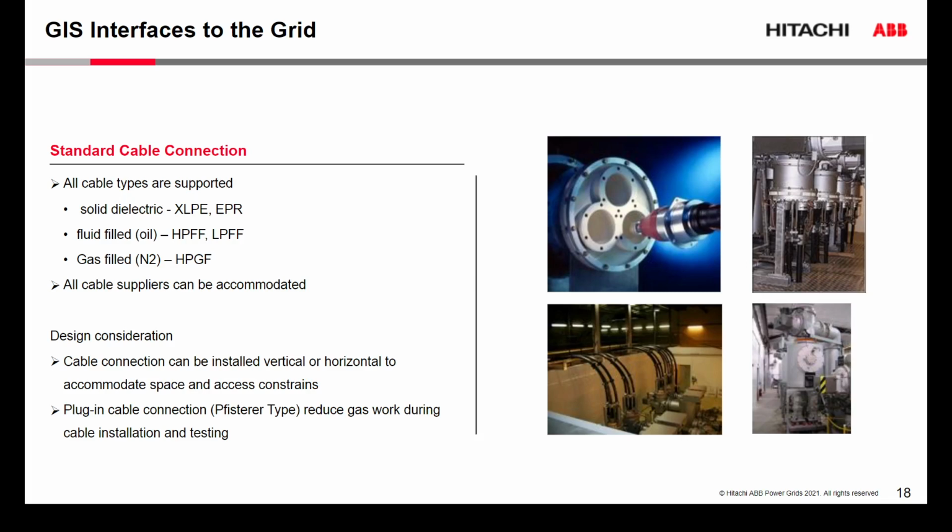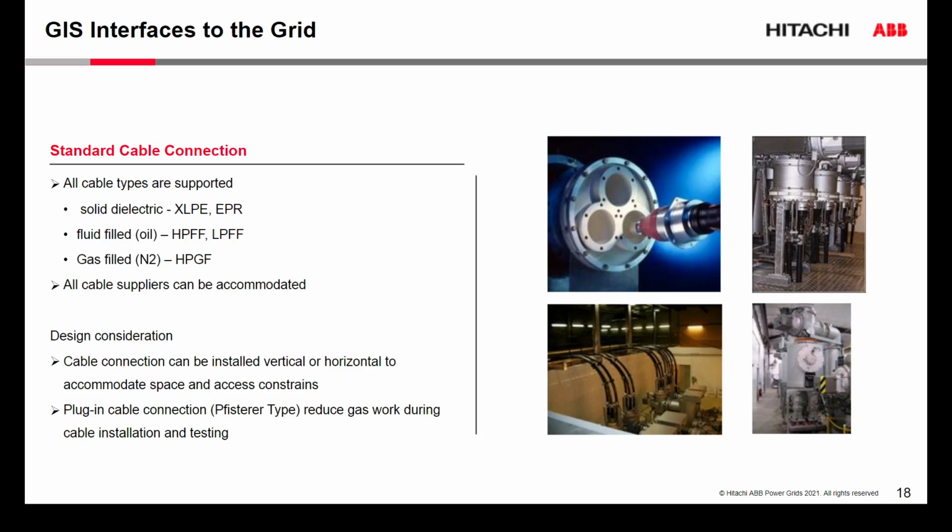If you use a plug-in cable connection, like the typical Pfister type, pretty much every cable supplier in today's world has such a plug-in cable connection available. That is what we have on the left top picture.